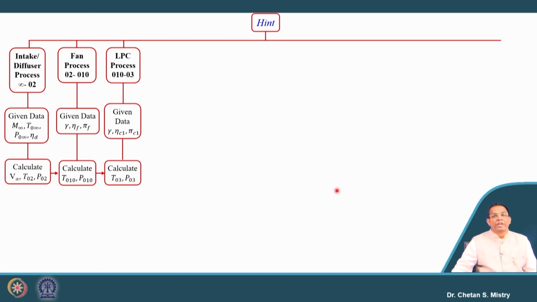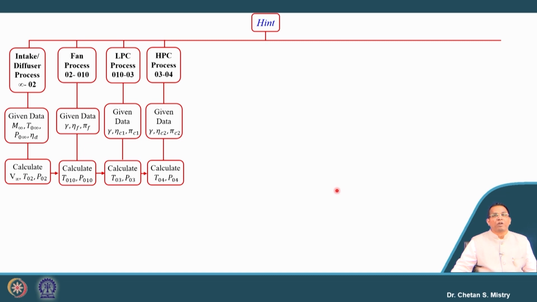From that, we can calculate the exit temperature and exit pressure from the LP compressor. Since it is a two spool configuration, we have our HP compressor also. For this HP compressor, we know the efficiency and compression ratio. From that, we can calculate the exit pressure and exit temperature from the HP compressor.